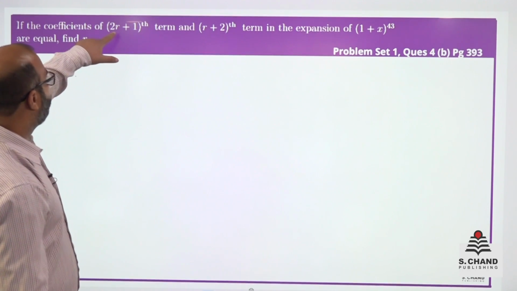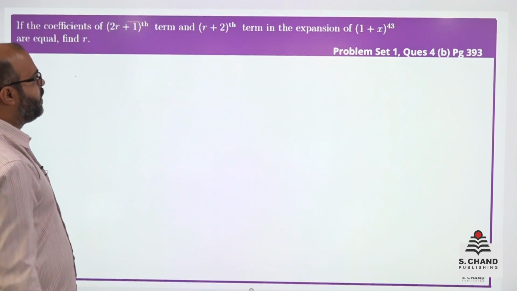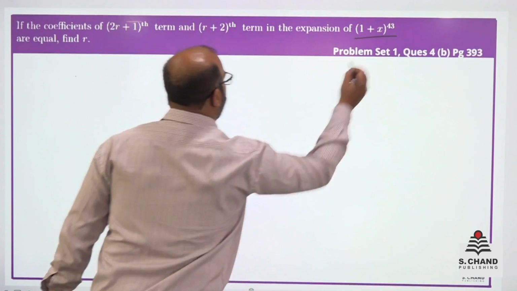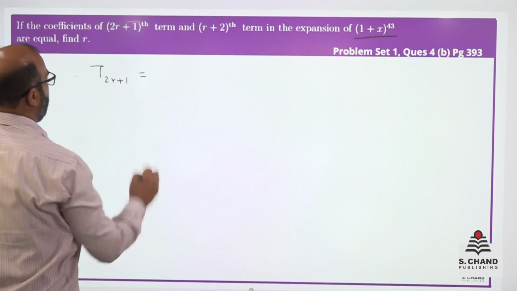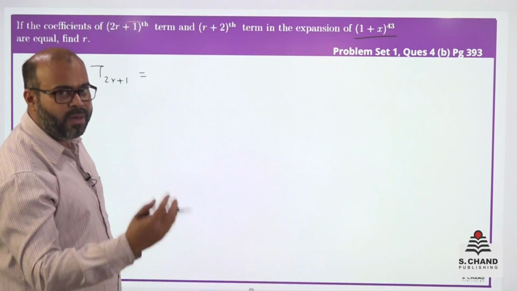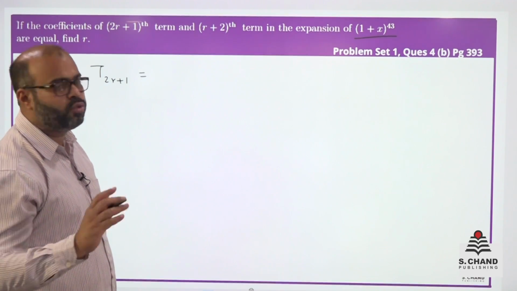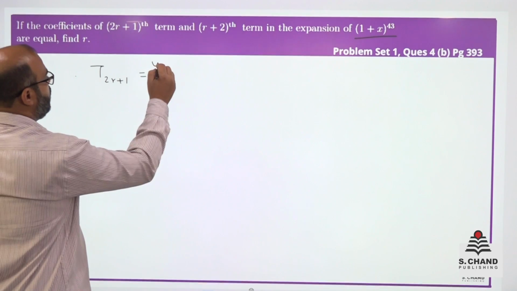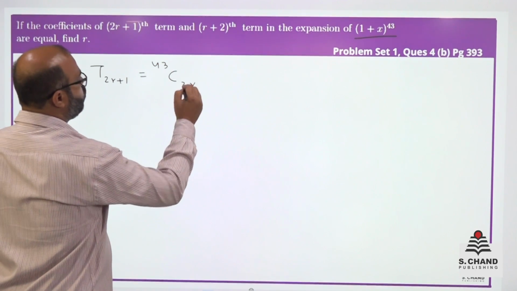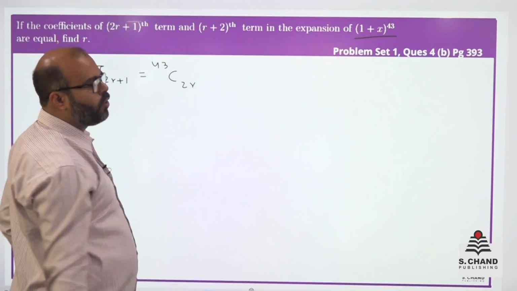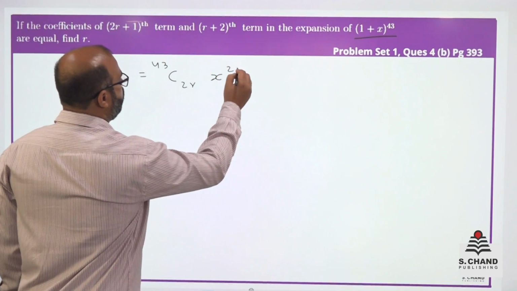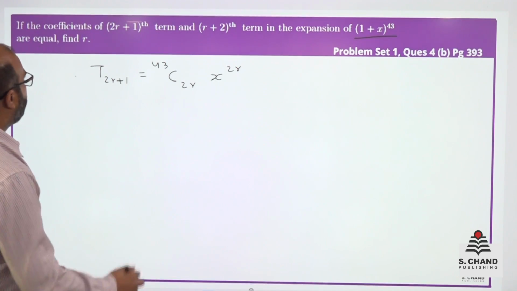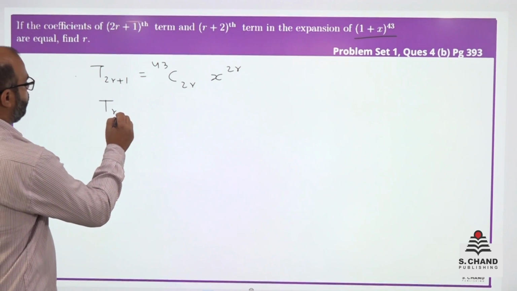So what about the coefficient of the (2r plus 1)th term of this? The (2r plus 1)th term is actually having r as 2r, where normally we take r in theory. So 43C2r, 1 to the power 43 minus 2r will be 1, x to the power 2r. And what about the (r plus 2)th term?